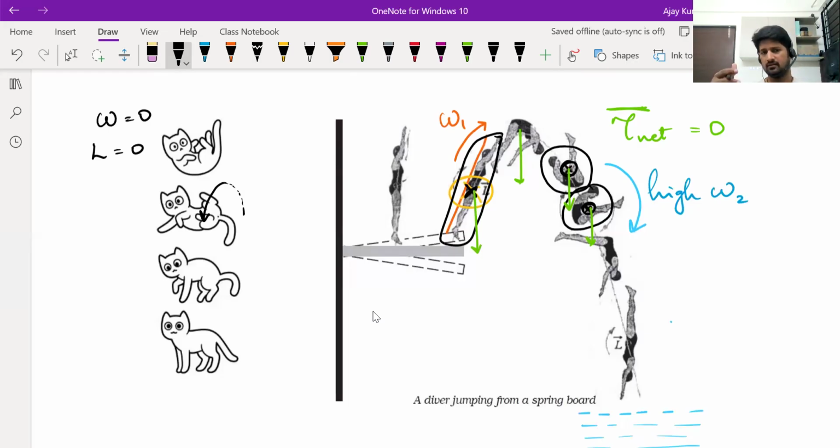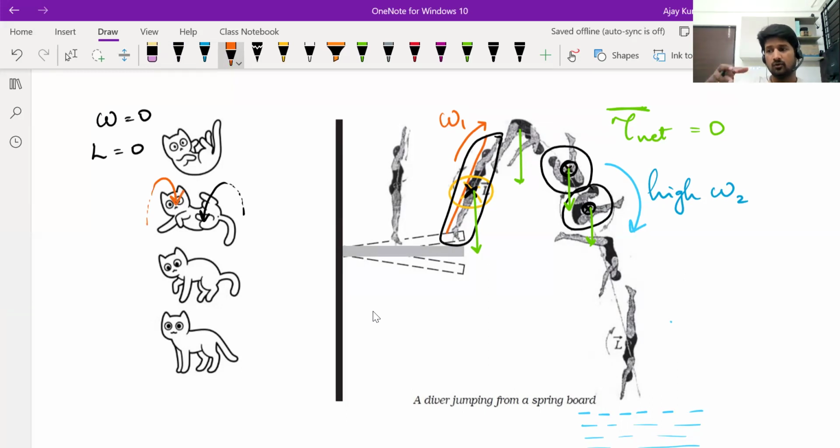It's like the rotation is out of the screen. Then the cat's face will rotate into the screen, backward. So it rotates 1/2 of its body in one sense and the other half in the other sense. I'm just telling roughly. I can't say exactly 1/2 will rotate this way and one half will rotate that way, but it's roughly like that. So the other half gets rotated like this.